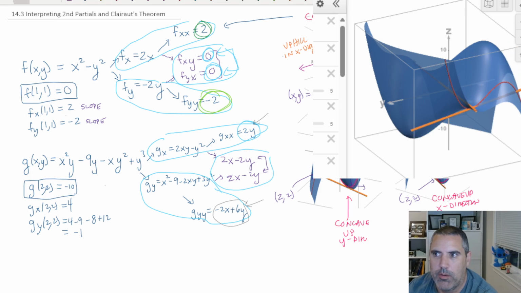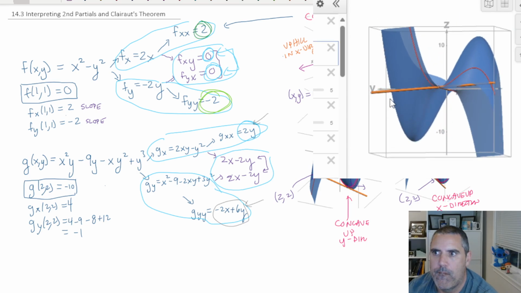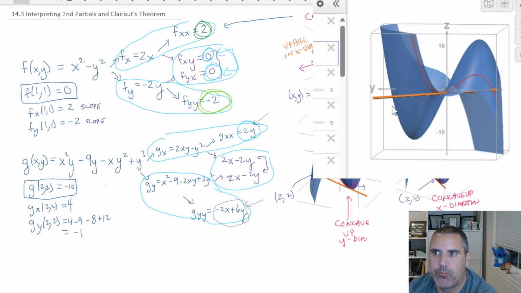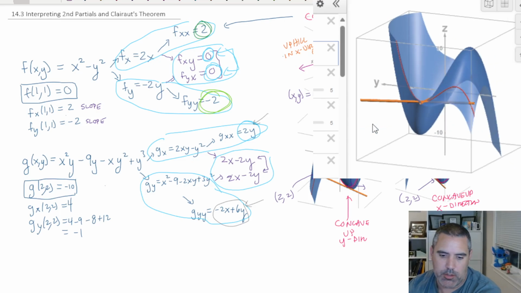And sometimes it's hard to find that, but there's a way to get it. So here's a point that's kind of like that. That's a saddle point. It's concave down one way and concave up another way. It turns out the mixed partials help us see that, and it comes up as part of a formula. Okay, so there's the visuals.